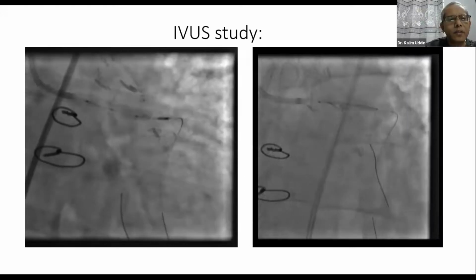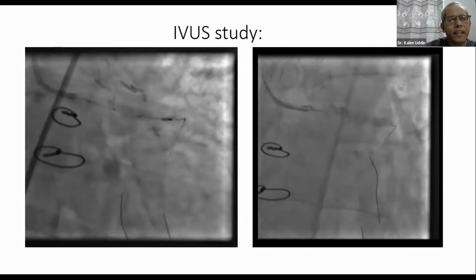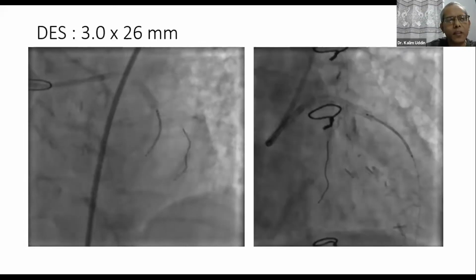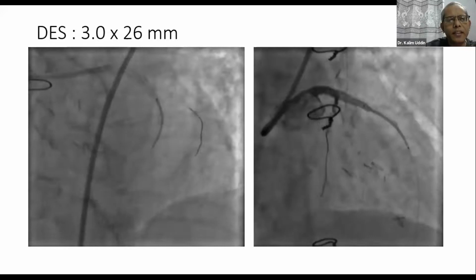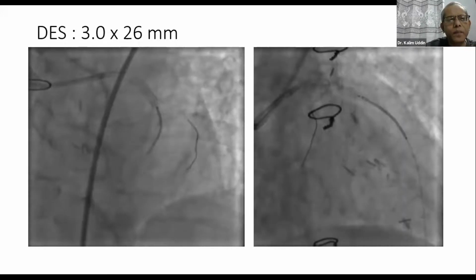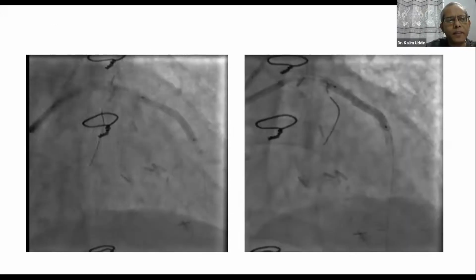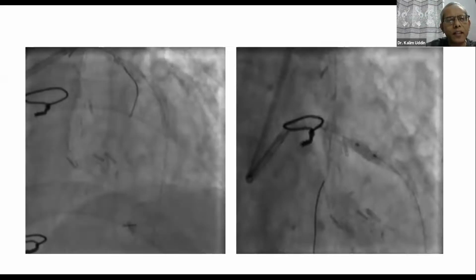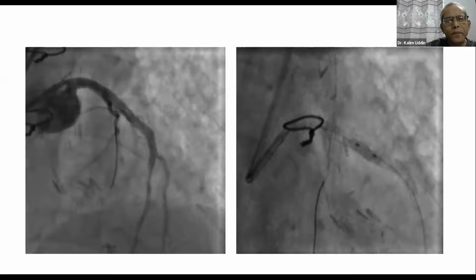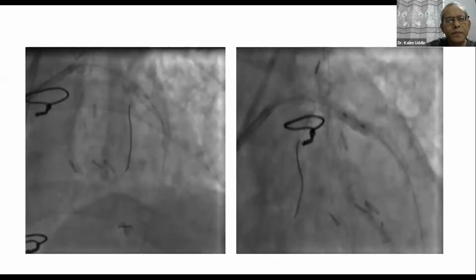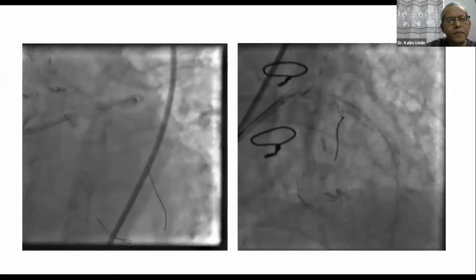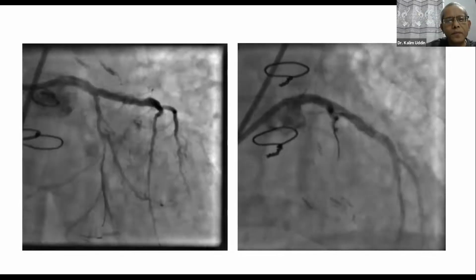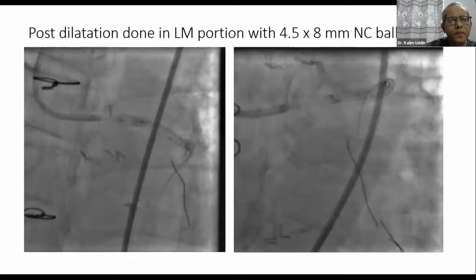The IVUS study showed dissection at the stent edge and also in the lesion. Then we put in another, second stent, a 3 into 26 millimeter drug-eluting stent, deployed the stent, and post dilation was done.